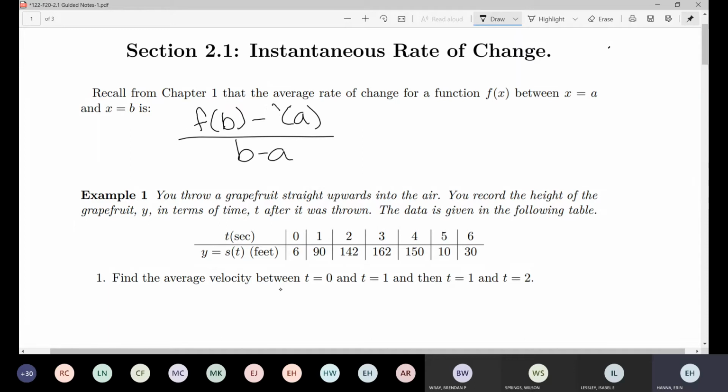That's something we already know, but it's a reminder, because we're going to take this idea and expand on it. We're going to be using this a lot in this section.